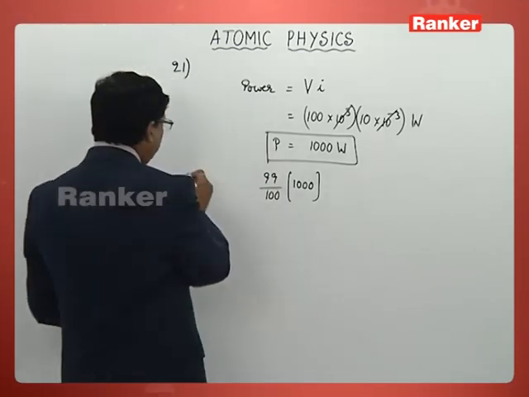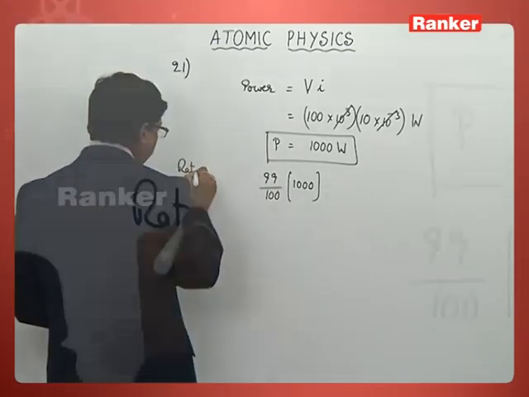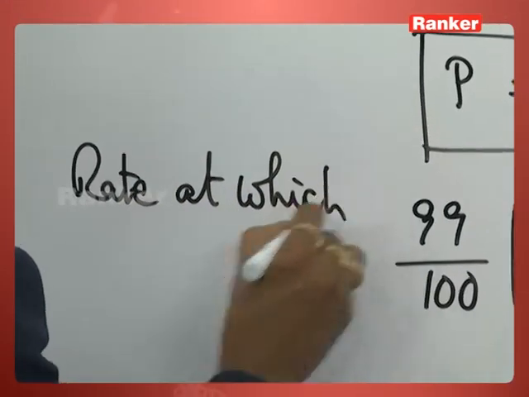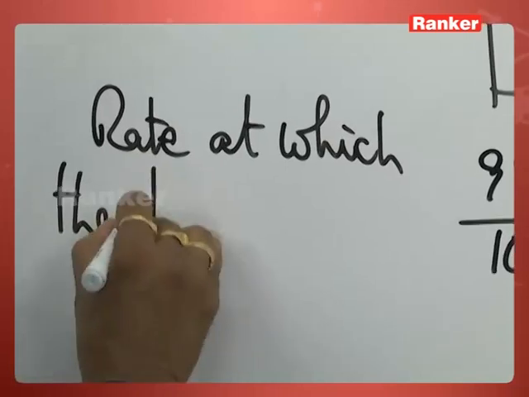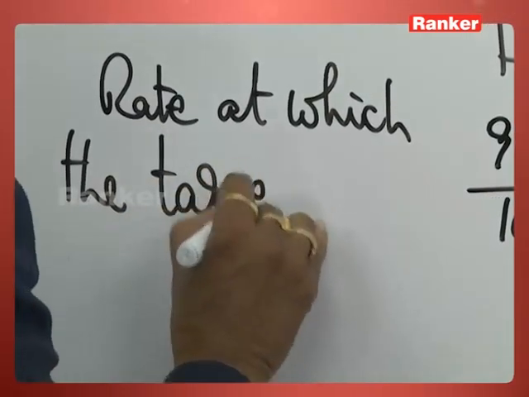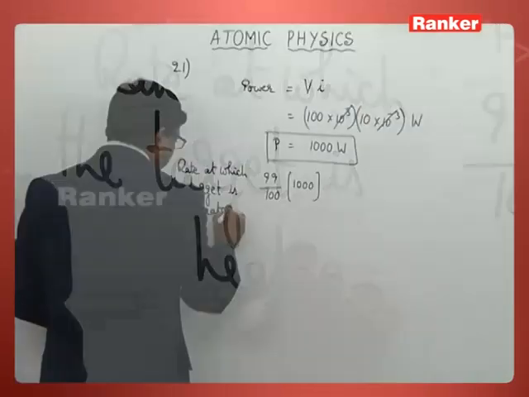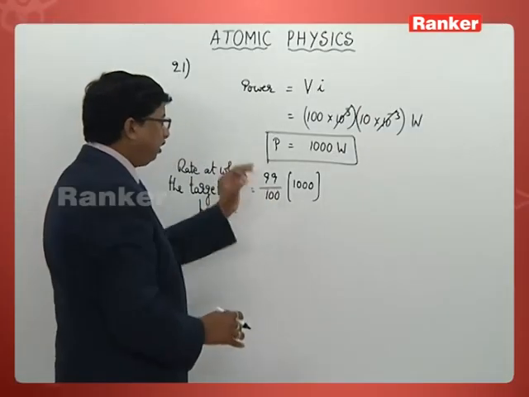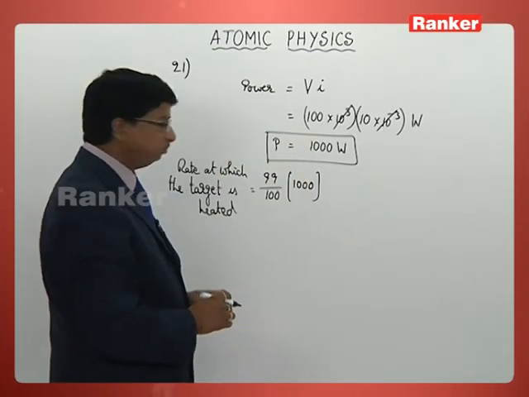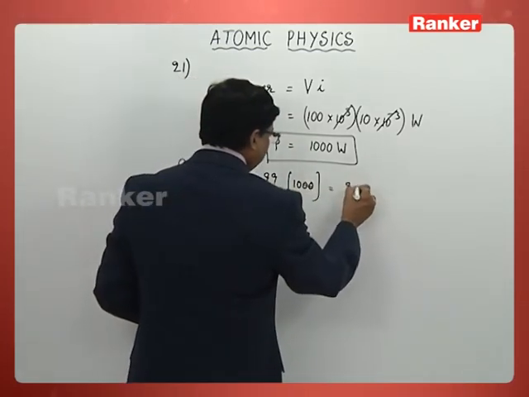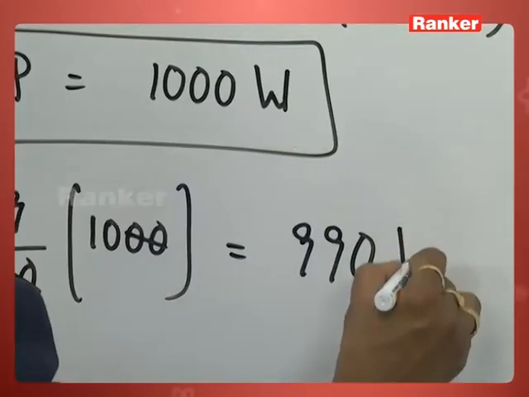Therefore, the rate at which the target is heated, that is what he is asking. That's simply 99% of the total power. So you can just cancel these two zeros to write this one as 990 watt.